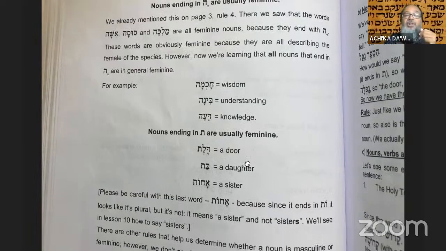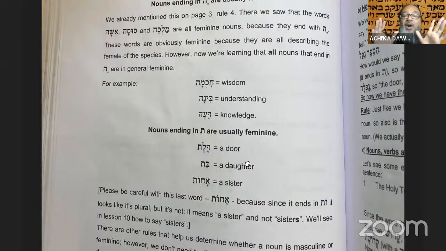Look at these wonderful nouns that we have here that are all feminine, okay? The reason why a soul, which is a nefesh, can be feminine. All the souls are feminine, okay?